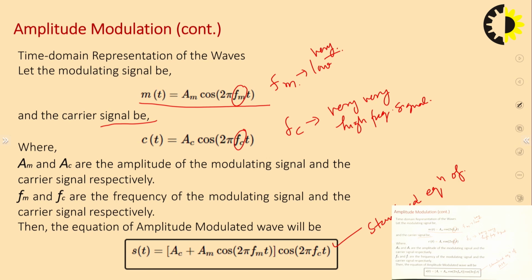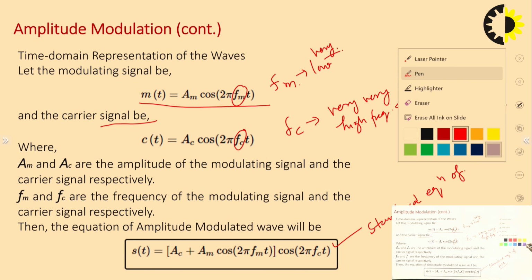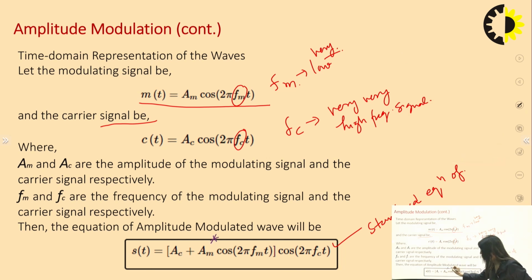So s(t) = [Ac + Am cos 2 pi fm t] cos 2 pi fc t. This is how we represent the AM wave, the amplitude modulated wave: Ac + Am cos omega m t, times cos omega c t. This is a very important equation and we need to learn it. For first year students it is necessary to learn this AM modulated wave equation.